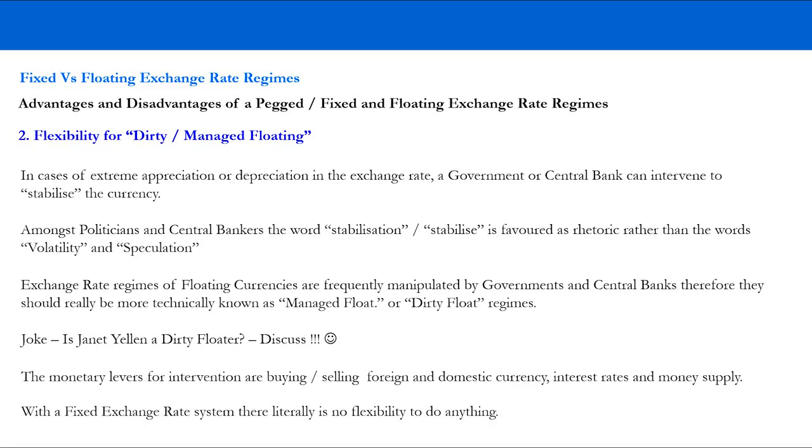The reason why this is an advantage is because these levers can be used to enable depreciation and appreciation of an exchange rate if it gets out of control. So it becomes a managed float. So out of control due to exogenous factors. So central banks and governments react accordingly to the strength or overstrength or weakness or over weakness of their currency by using these monetary levers.